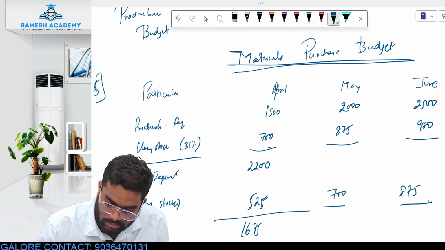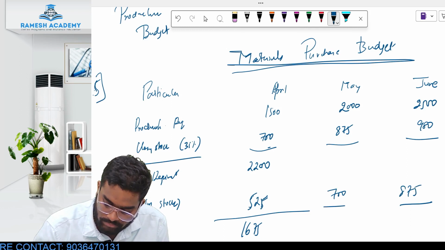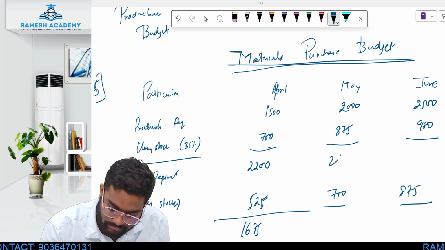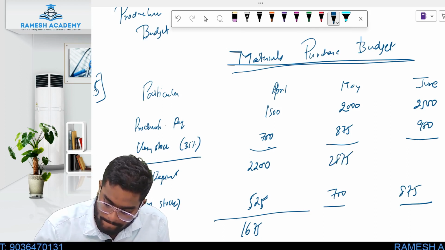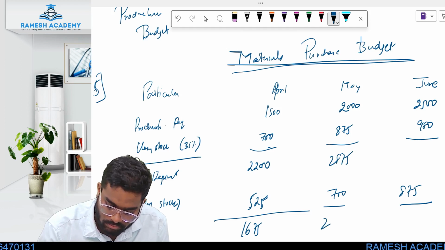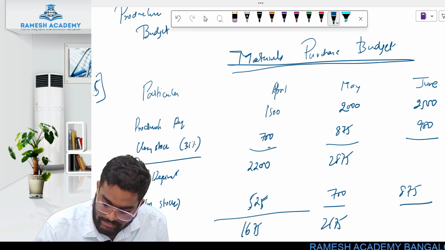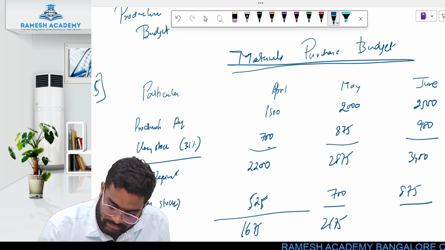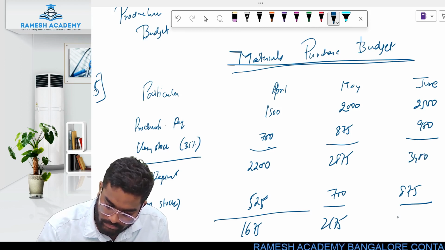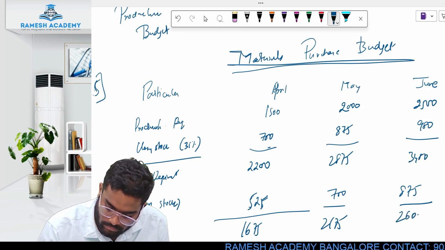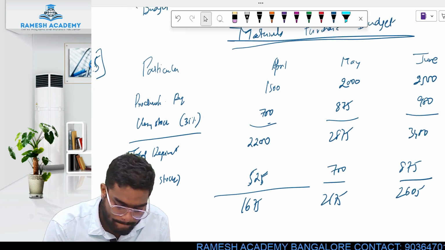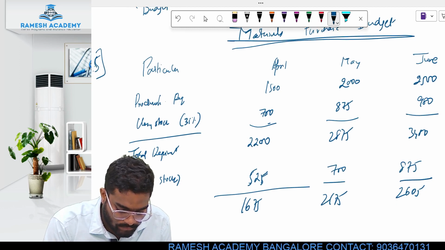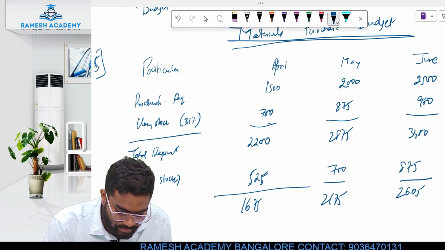Just add and subtract. 2000 plus 875, 2875, minus 700, it is 2175. 2500 plus 980, 3480, minus 875. So this is the number of units of raw material.